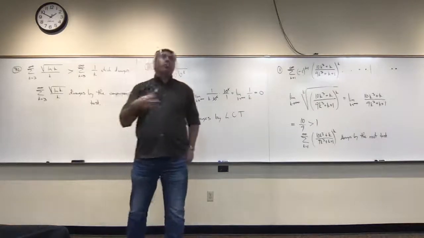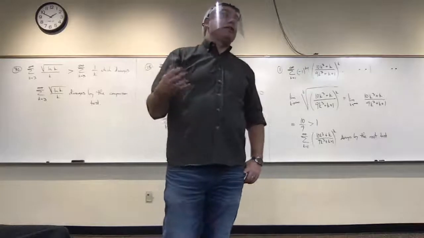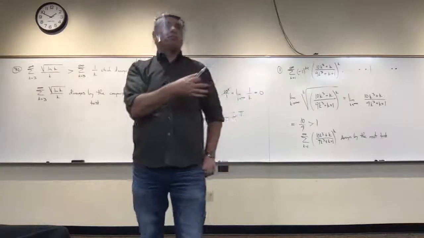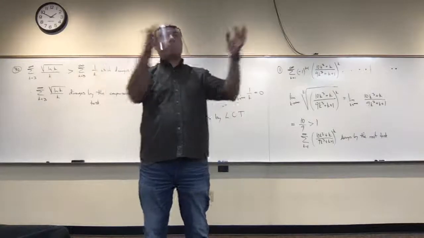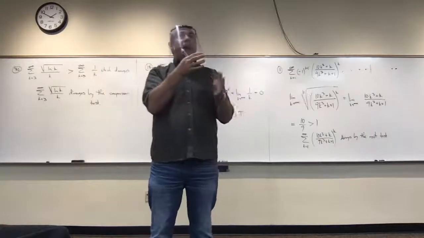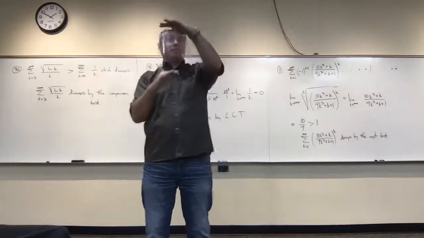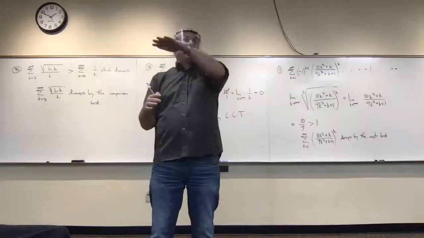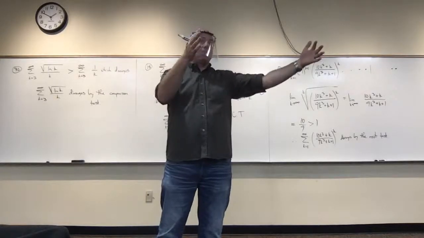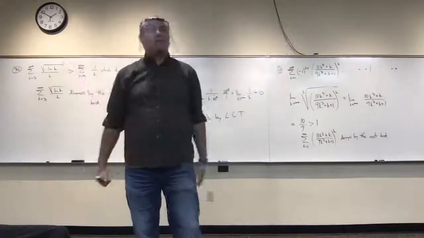So I don't think the book will ever make you do that, but that is the kind of thinking that we would do in real analysis. It's kind of like, okay, take the first n terms, set them aside, and then after the nth term, all of these terms are bigger than these terms. So these terms diverge. So this diverges, add on a finite number of numbers to infinity, you still get infinity, yada, yada, yada, diverges.